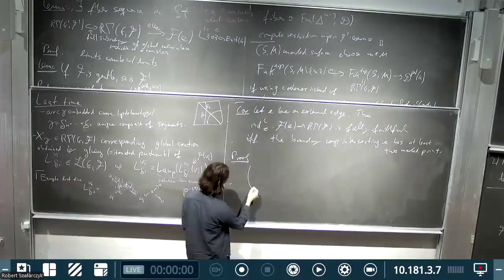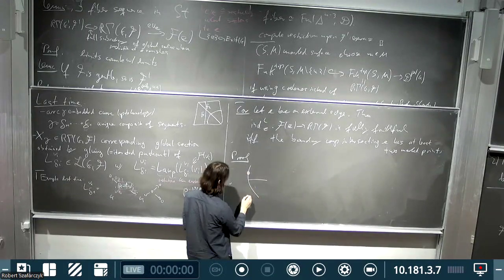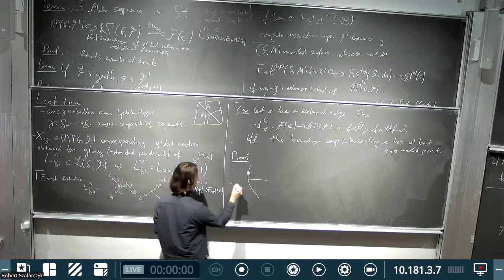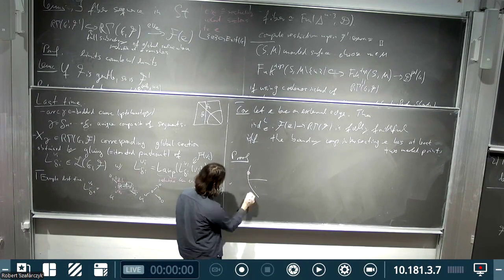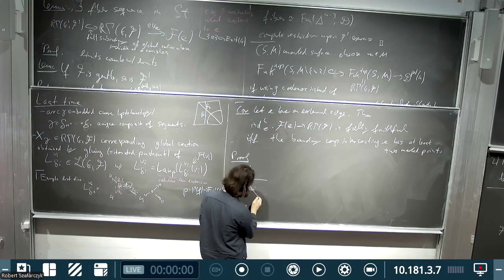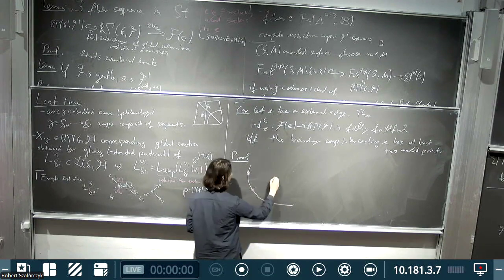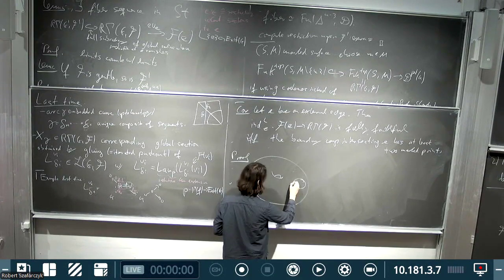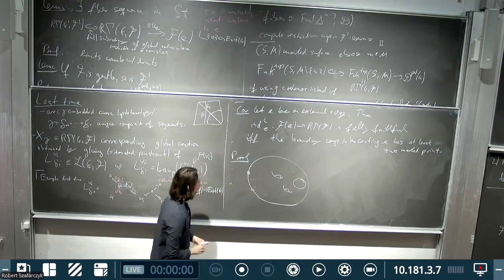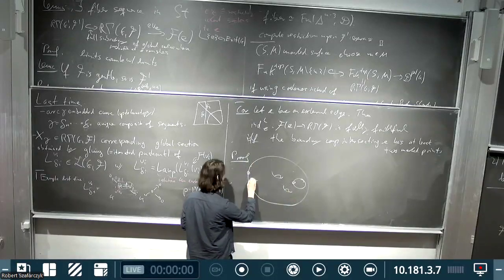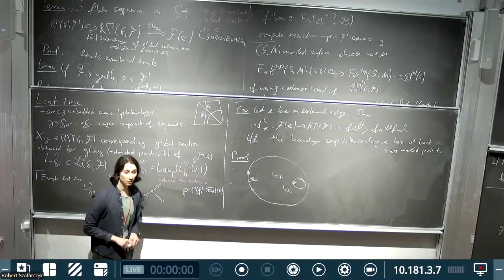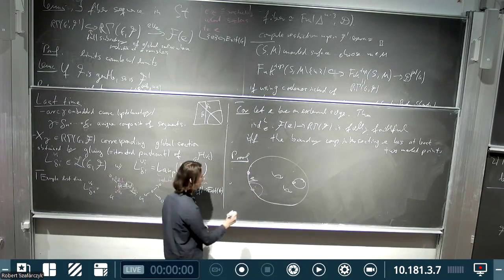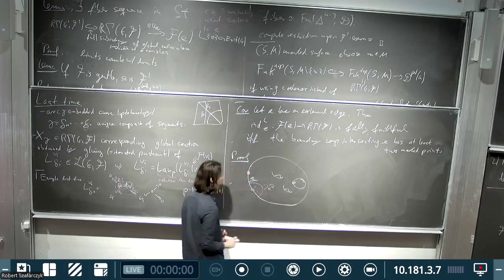Take your ribbon graph with, again, I need some color, those are the stops. And so this is the surface. It can be whatever surface, with some other boundary components potentially with marked points. And say this is E. And this right turning curve gives you simply this arc in the surface. This will be gamma E right turning.